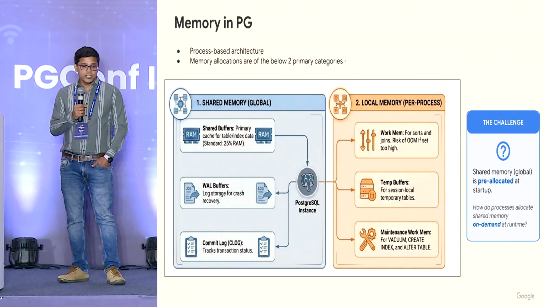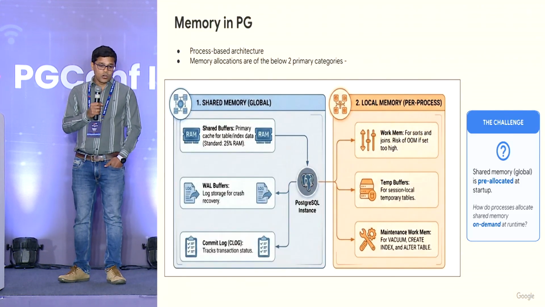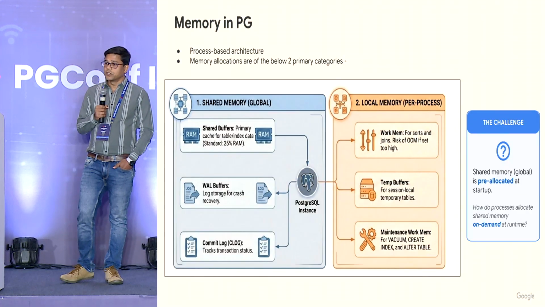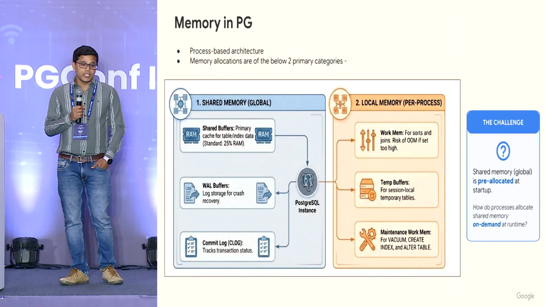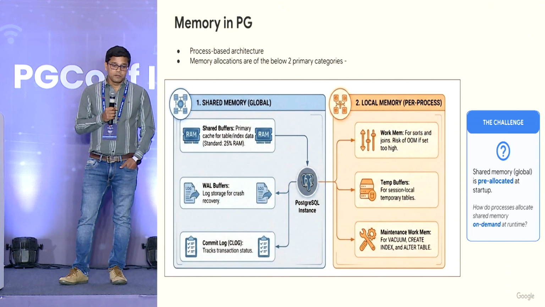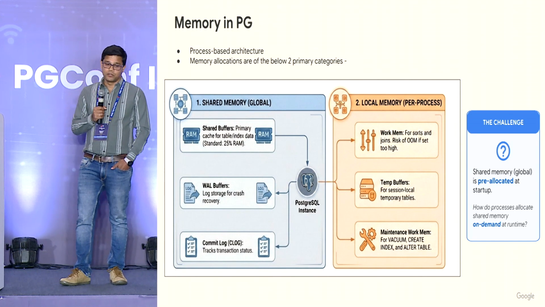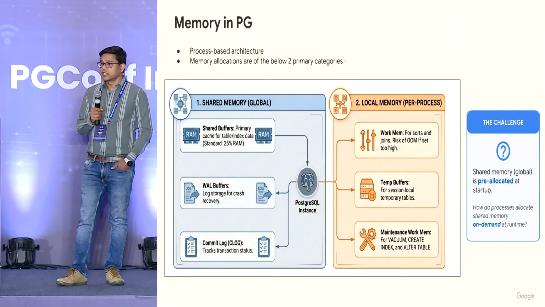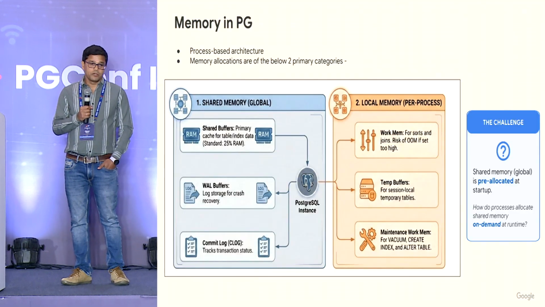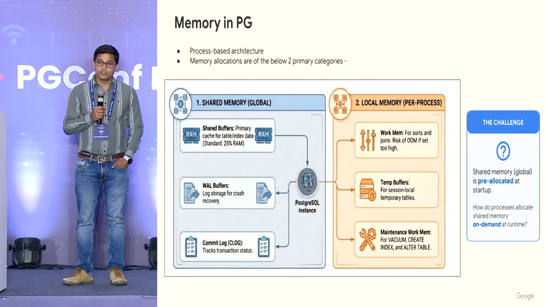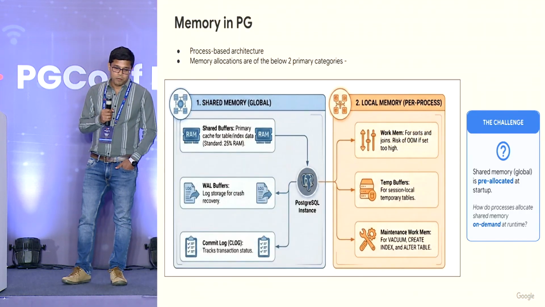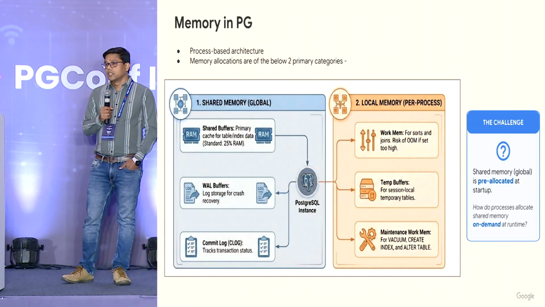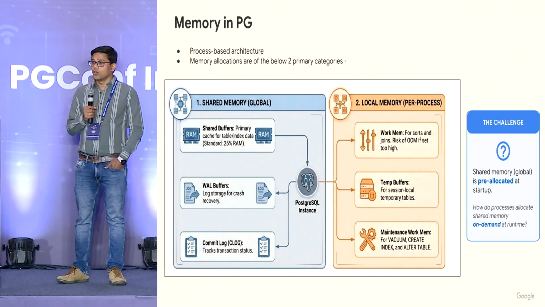If you see, the common pattern across all of these memories is that they are pre-decided and pre-allocated. This means that if you have, let's say, 25% of RAM as shared buffer and your cache is not enough, and you need to increase that, then the only way possible is to change that configuration and restart your server. Why is that required? Because shared memory is shared across all the processes.